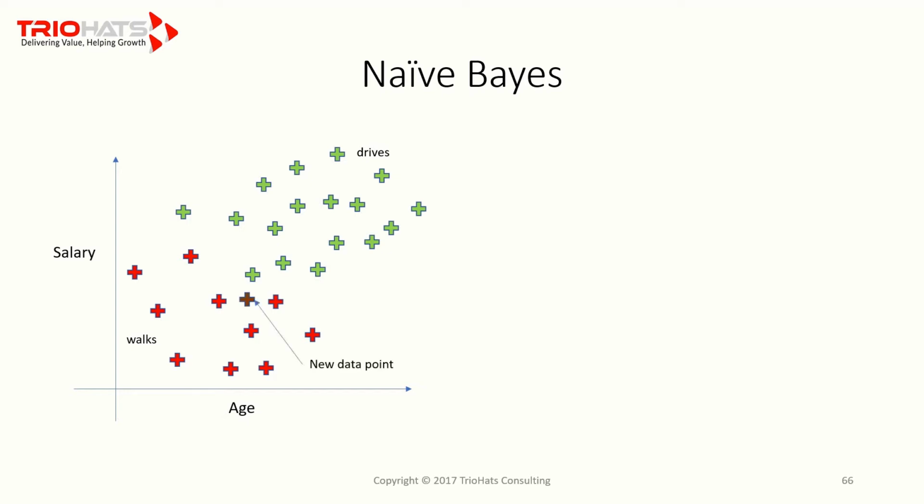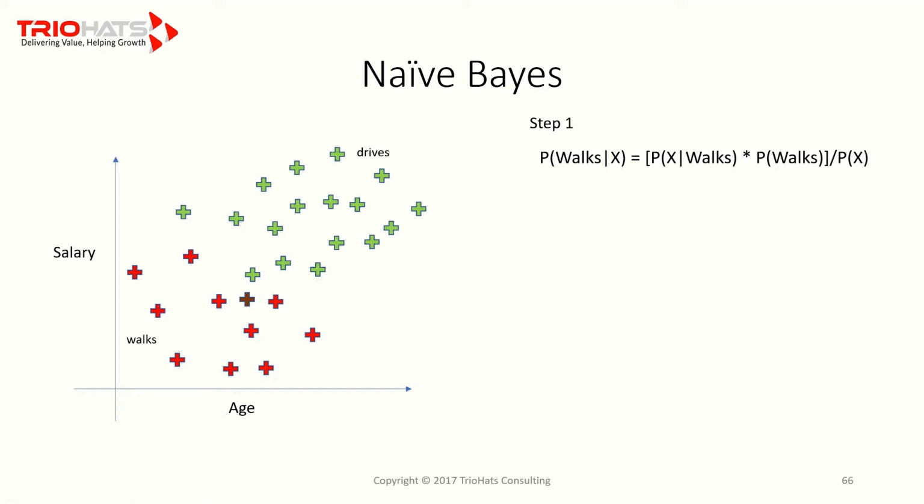And this is a new data point. So we want to classify which category this new data point belongs to, right? Either he belongs to the walking class or he belongs to the driving class. So we have to classify that. To classify that, we have three steps in naive Bayes. The first step is to calculate the probability of the person walking given x. I'll explain what x is.